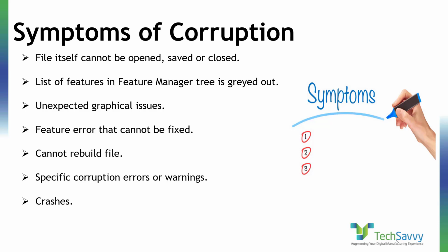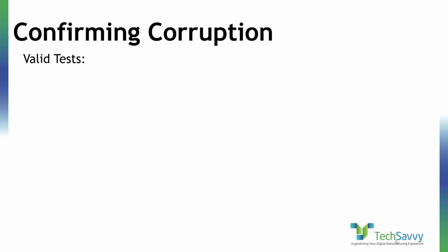So crashes are also one kind of symptom. Views missing from an exported drawing: if any view is not showing in your drawing or DWG file, DXF file, then that is also a symptom of corruption. So these are some of the symptoms you can face or know as a result of file corruption. Now, confirming corruptions, validators: what you can do to confirm that your file is corrupted.